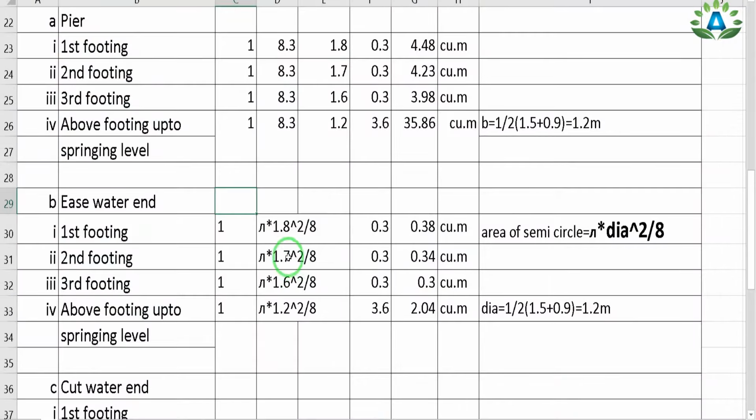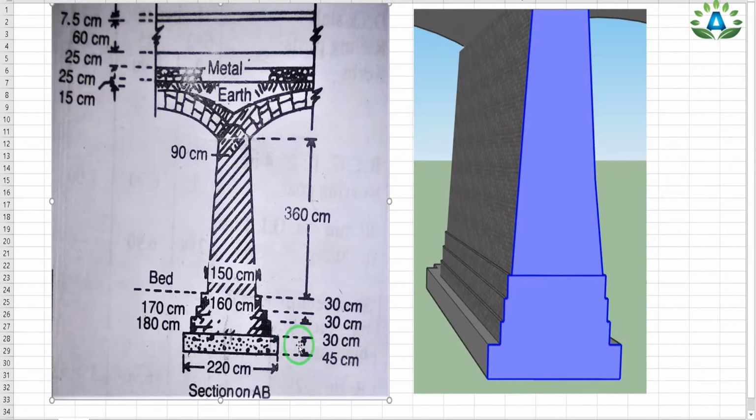So we can easily write the diameter equals 1.7 meter. So pi into 1.7 square by 8, and we have to multiply by its height. So the height of the second footing is also 30 centimeter, that is, this portion to this portion is 30 centimeter. So height equals 0.3 meter.